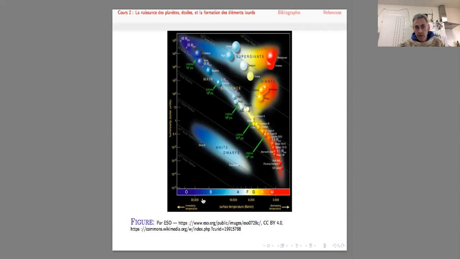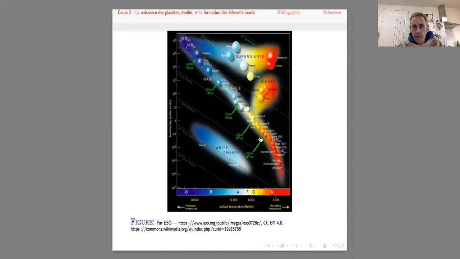So this is 20,000, 10,000, and then every 1,000: 9, 8, 7, 6,000, down to 3,000. So it's getting cooler as we move to the right, and more red, which looks kind of counterintuitive, but anyways, that's the convention. And so the sun is around 6,000 degrees.